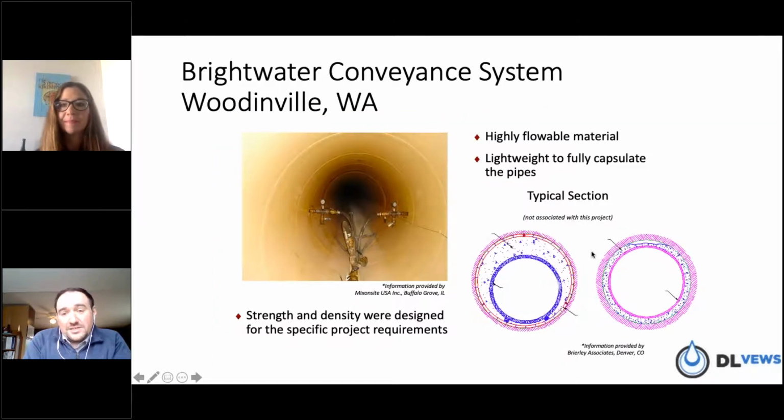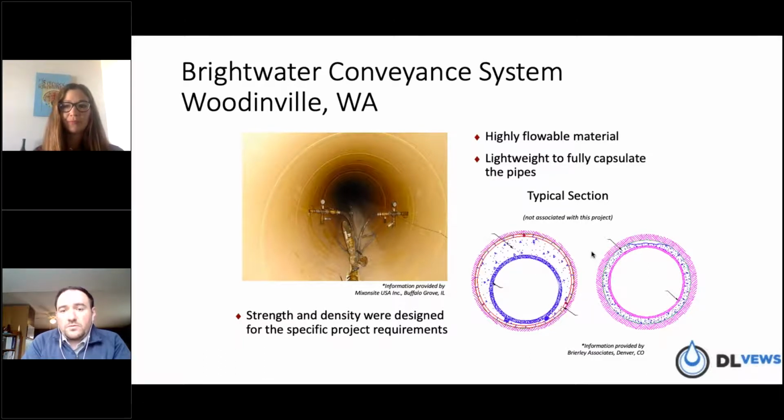It is. Same project. And the reason I correlate this to our subject matter is because what you're seeing in the elevation view images on the right-hand side, with the two circles inside of each other, is the annular space that we're talking about, the space between the liner and the host.